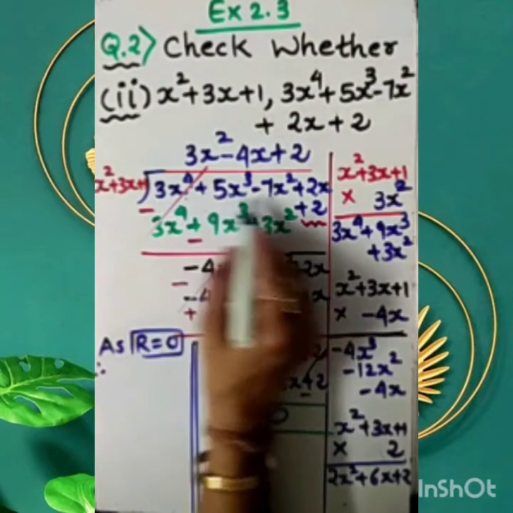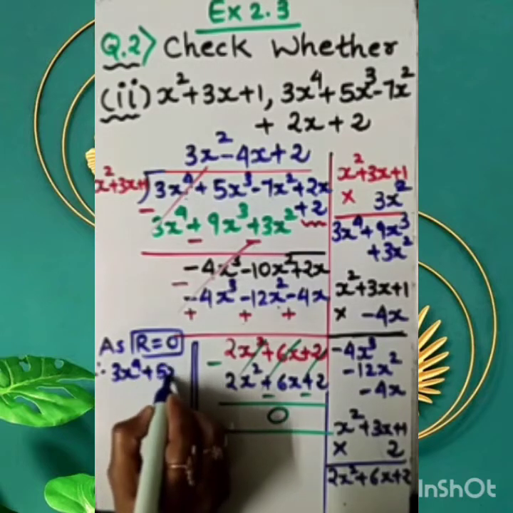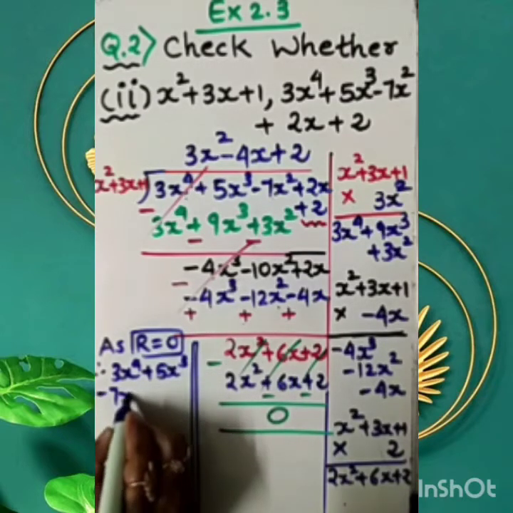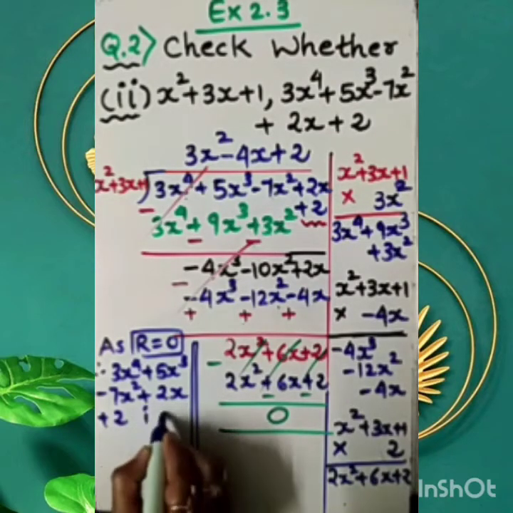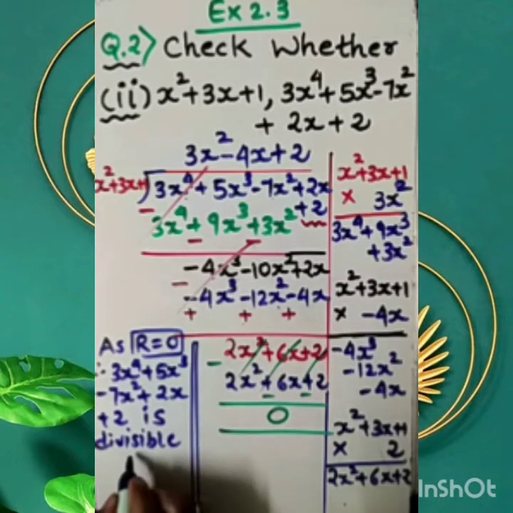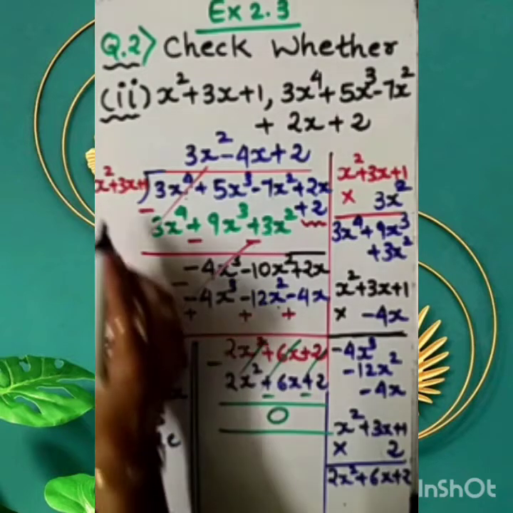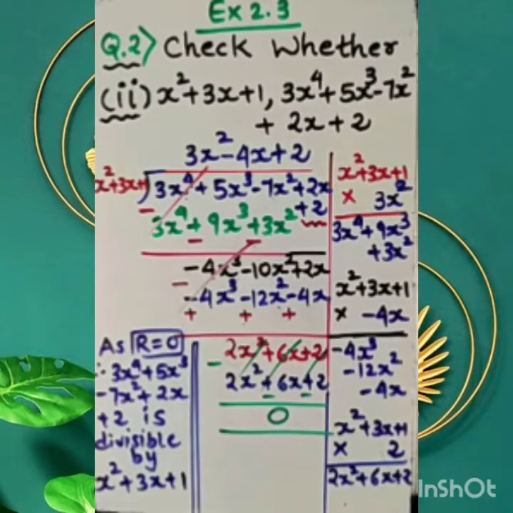Therefore this full polynomial, 3x to the power 4 plus 5x cube minus 7x square plus 2x plus 2, is divisible by this polynomial x square plus 3x plus 1. Meaning the second polynomial is divisible by the first polynomial. The reason behind that is the remainder is coming 0. Clear?